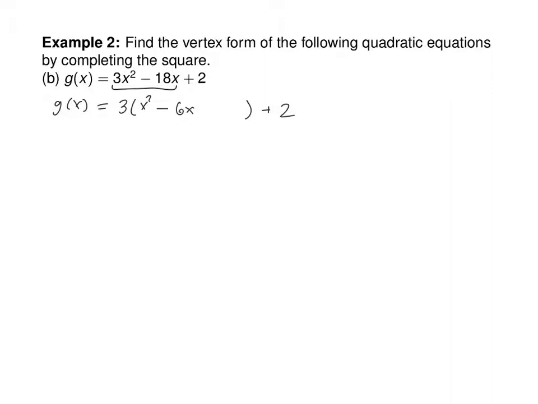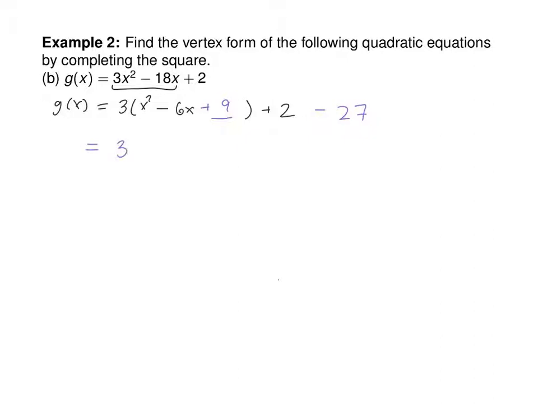Okay, and what are we going to add in that space? 9. Very good. And so what number have we effectively added? 27. And so since we've added 27, we must compensate by taking away 27.